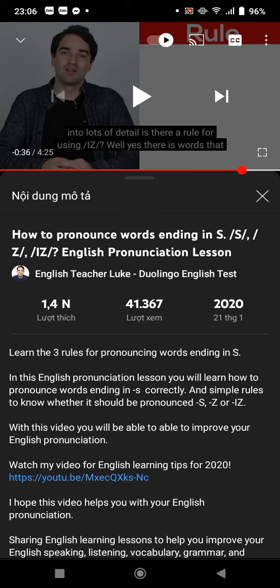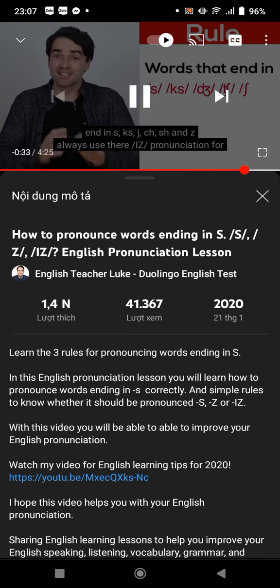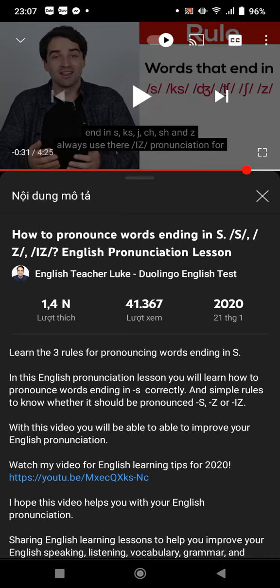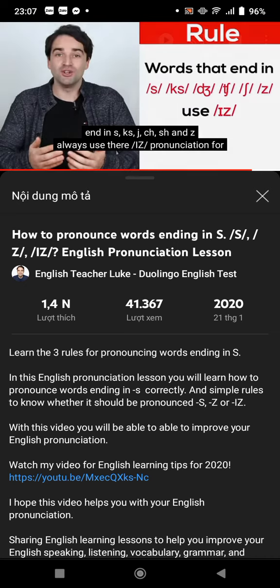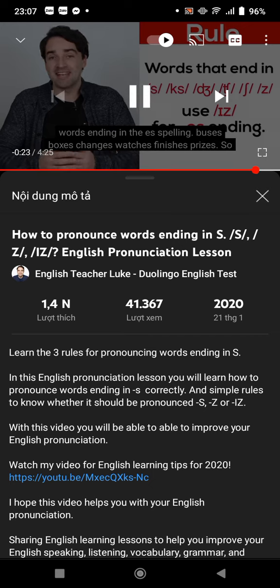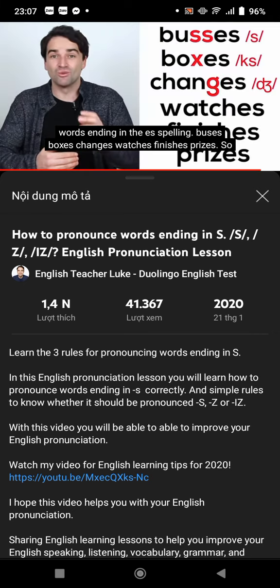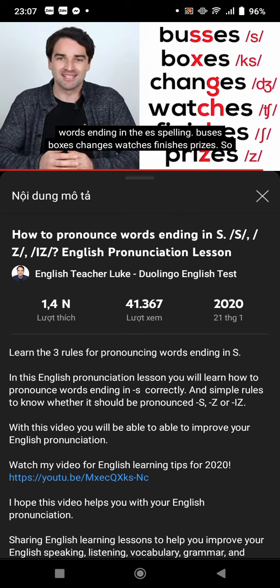Words that end in S, X, J, CH, SH, and Z always use the IZ pronunciation for words ending in the ES spelling. Buses, boxes, changes, watches, finishes, prizes.